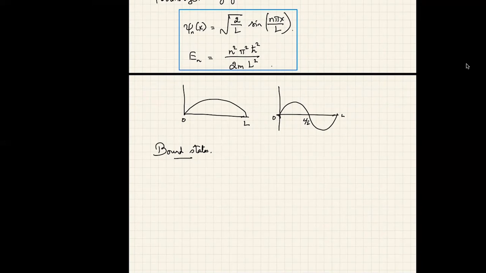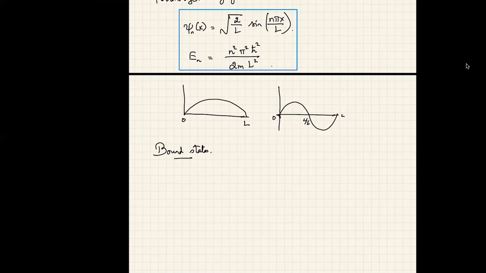For example, at x equal to plus minus infinity, the particle can still be found. These are very tricky states because by definition, if the particle can be found at x equal to plus minus infinity, the wave function is not normalizable. So we have to look at these states very carefully. Bound states are slightly easier because bound simply means that they have to be bound within a region.